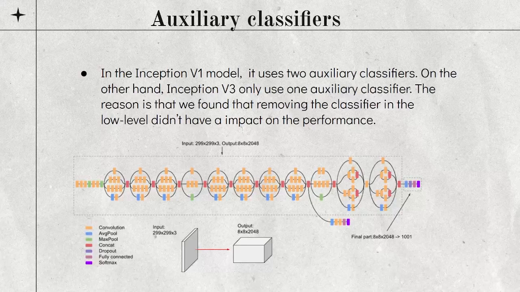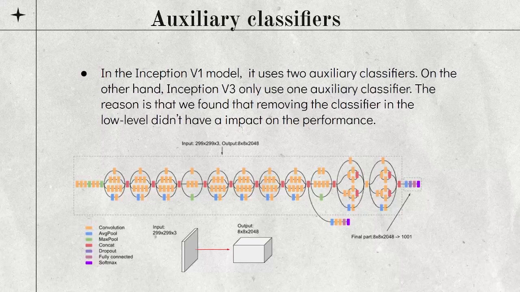And the original model, like Inception v1, used 2 auxiliary classifiers, but in our Inception v3, we use only 1 auxiliary classifier because we found that removing the classifier in the low level didn't have an impact on the performance.